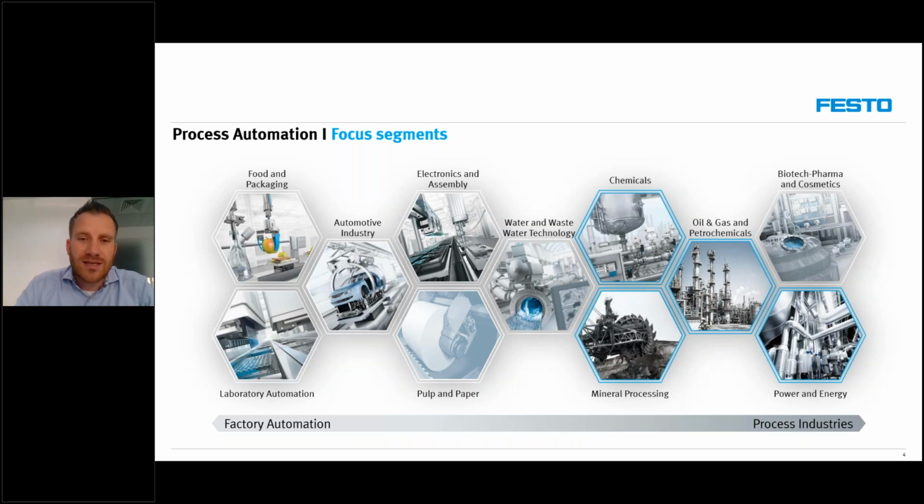This doesn't mean that these are the only industry segments where we are focusing on. The technologies of today are also applicable to other industry segments like water and wastewater technology, for example, or the food and packaging industry, where we also see environments with hazardous situations and the potential of explosive zones. And therefore, we are not neglecting these, but we see the topic of ATEX mainly in these segments highlighted on the slide.